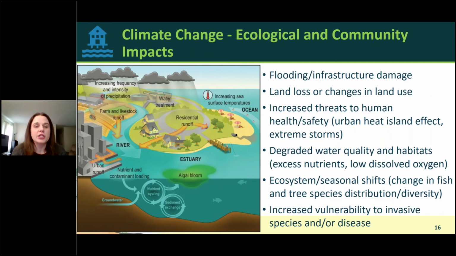With climate change in Chesapeake Bay, we're very much interested in understanding more about the ecological and community impacts. As I mentioned, we're already dealing with water quality problems from runoff, either agricultural runoff, from fertilizer entering the watershed, or urban runoff, stormwater.